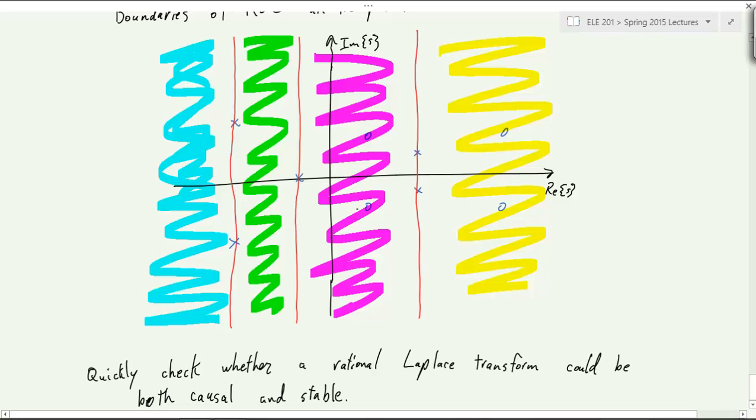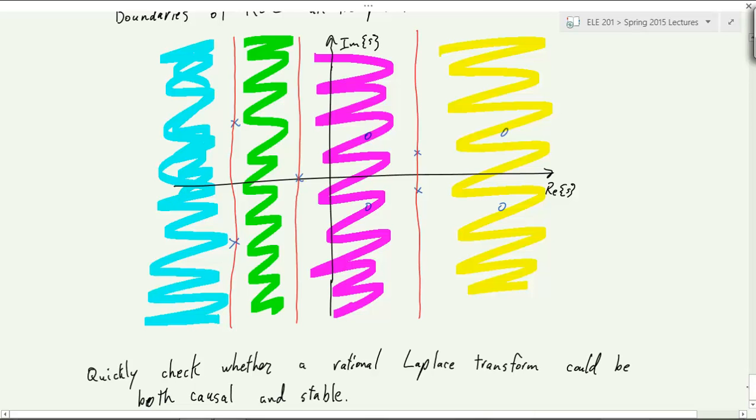We know the purple signal would be stable, but it's not causal, it's two-sided. And we know that the green one would be both unstable and not causal. It's not right-sided or left-sided, so it's two-sided. And we know that the blue one would be a left-sided signal that's also unstable. Okay, so those are the possible signals we have.